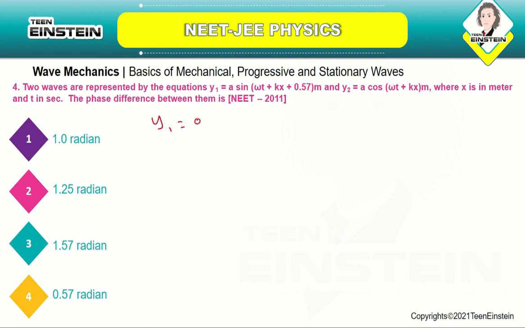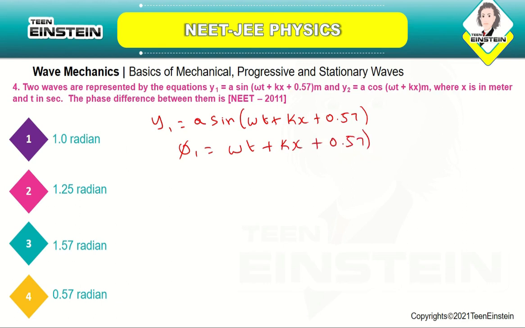Y1 is equal to a sine omega t plus kx plus 0.57. So phi 1 is equal to omega t plus kx plus 0.57.